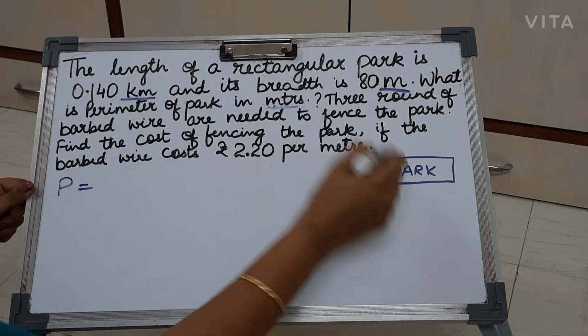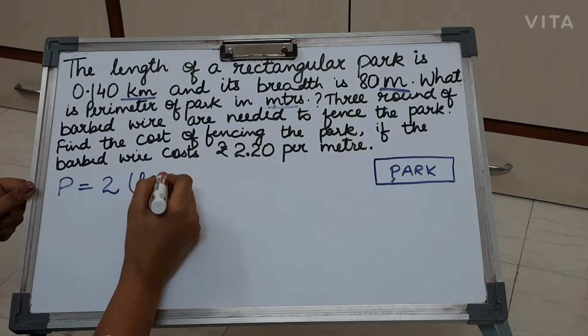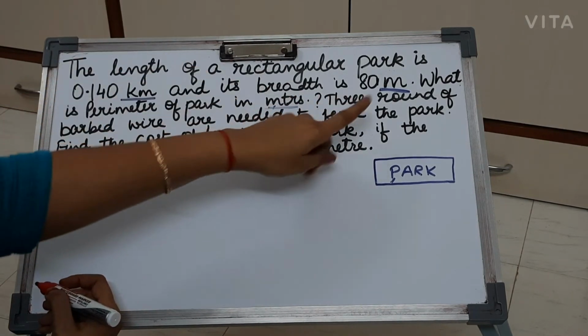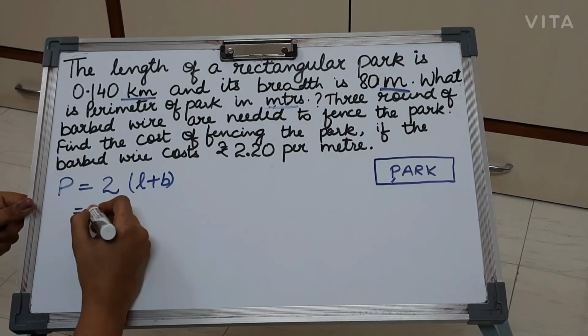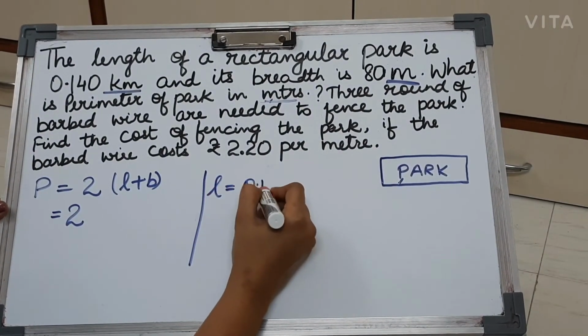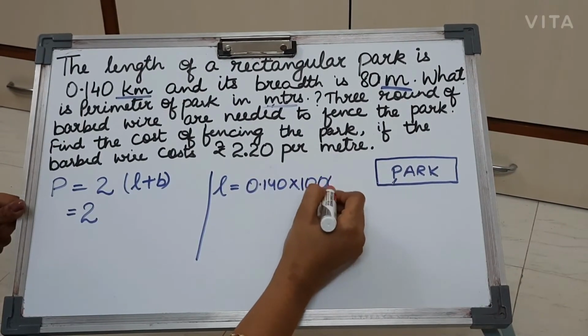Perimeter of this rectangular park is 2 times length plus breadth. Now what is the length? Length is in kilometer, we have to change it into meter. 0.140 kilometer, when we change it into meter, 1 kilometer is 1000 meters.